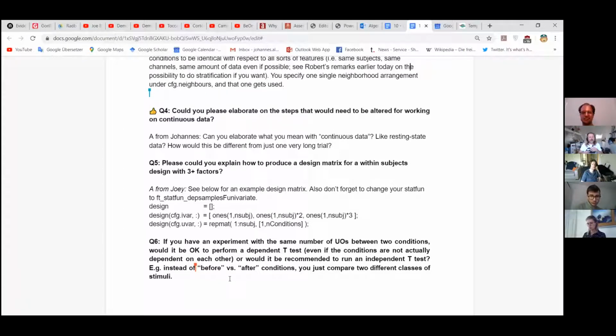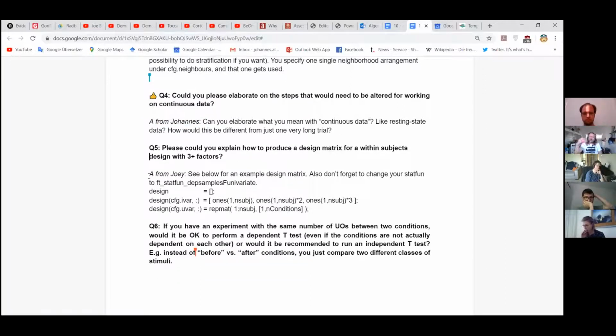Yes, that was indeed something that we were discussing in the general room with some participants. I can quickly summarize what we've been discussing. Of course, this specifically relates to statistics. So how is statistics different for continuous data? I think the important thing is that with continuous data, you don't have the experimental manipulation within time or within trials.